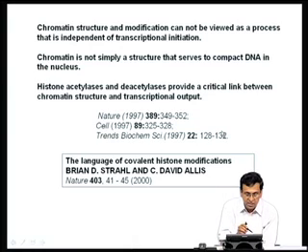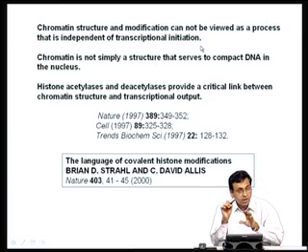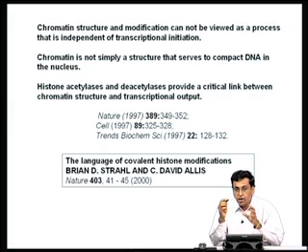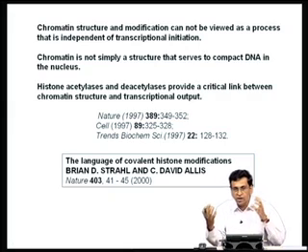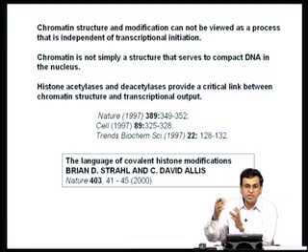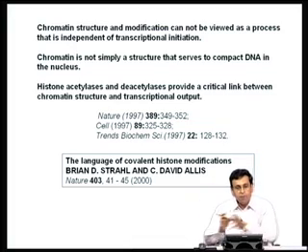which discuss very nicely 3 important points, namely that chromatin structure and modification cannot be viewed as a process that is independent of transcription initiation. Remember, in the beginning I told you that before the discovery of the relationship between histone modification and transcription regulation, people who were studying chromatin structure were different from people who were studying gene regulation.